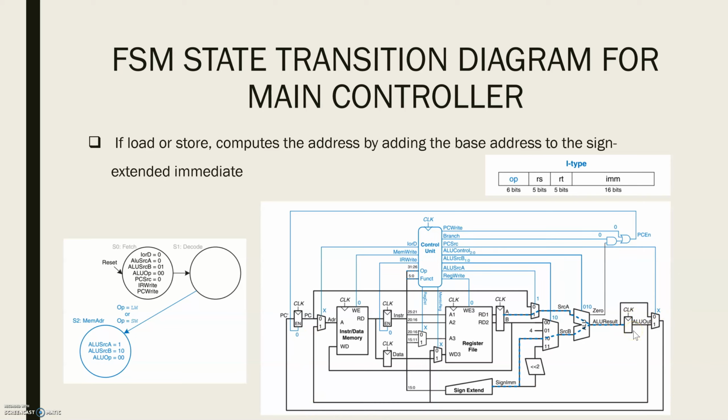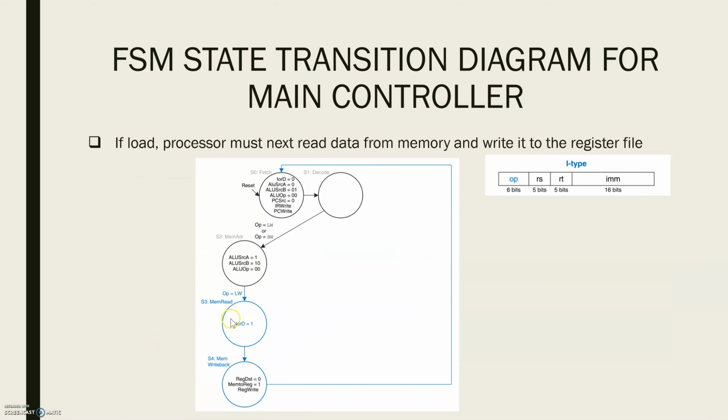This address in memory is read and the data is saved in the data register during step S3. On the next step, S4, data is written to the register file.